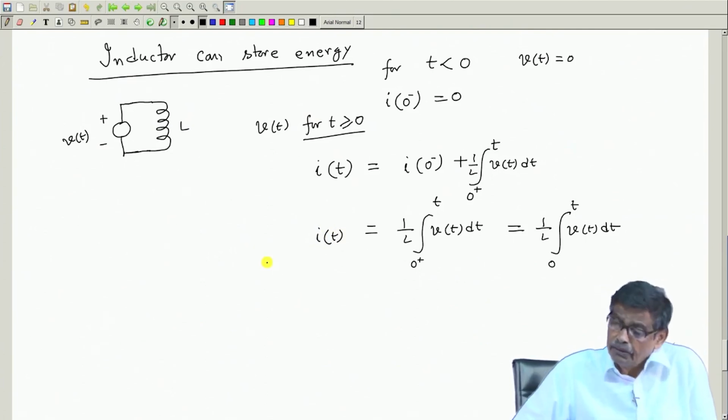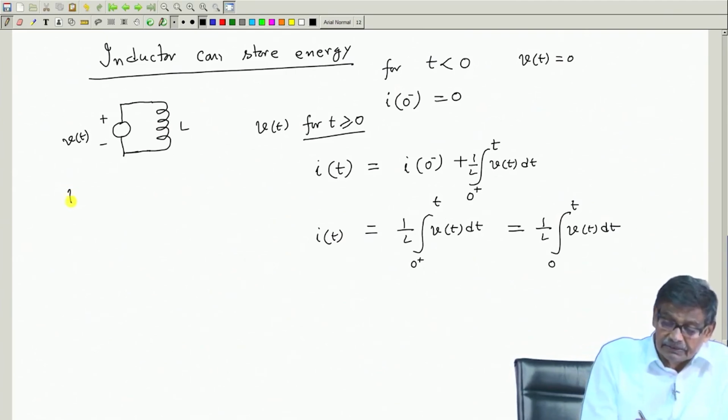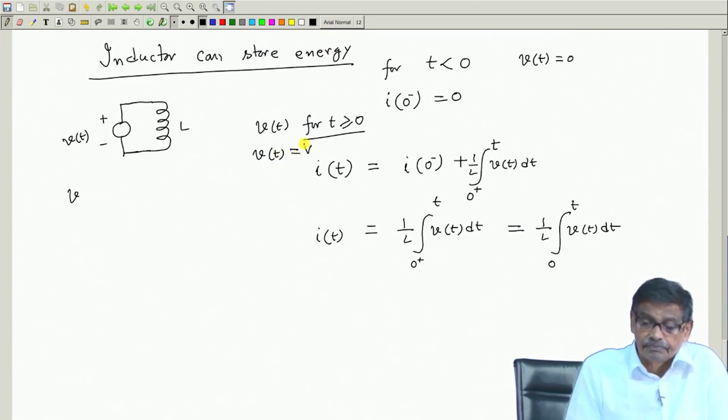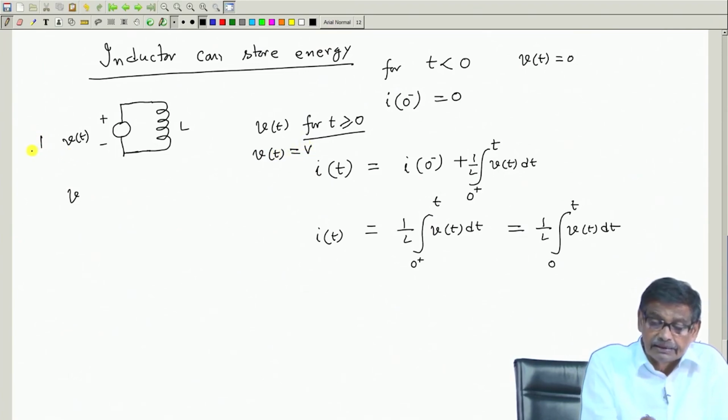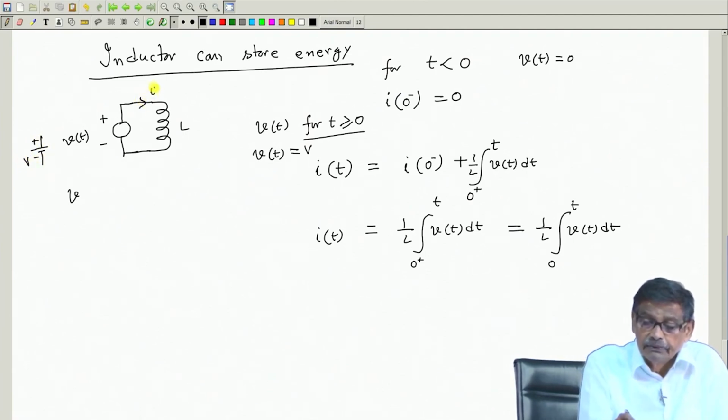For example, somebody says that v(t) for t greater than 0 is a battery, a constant voltage, with this polarity you have applied. This is your i(t), mind you.